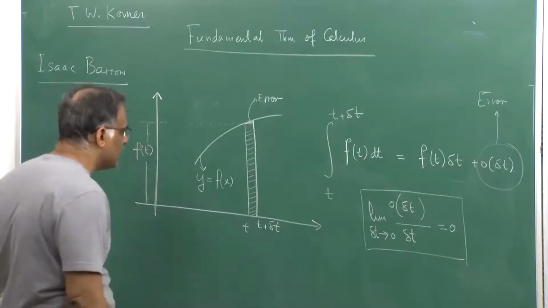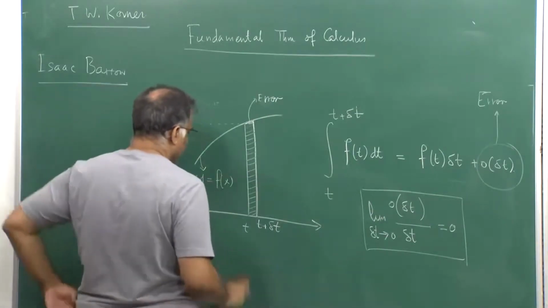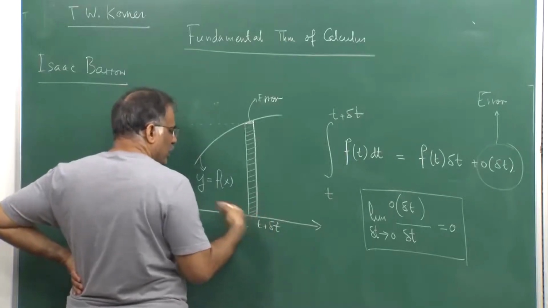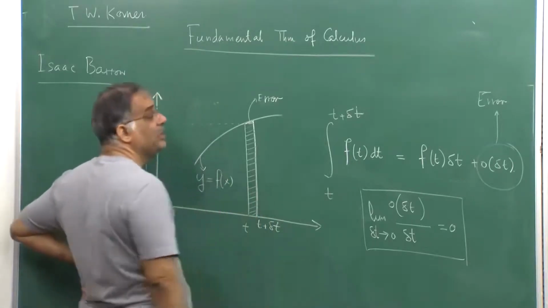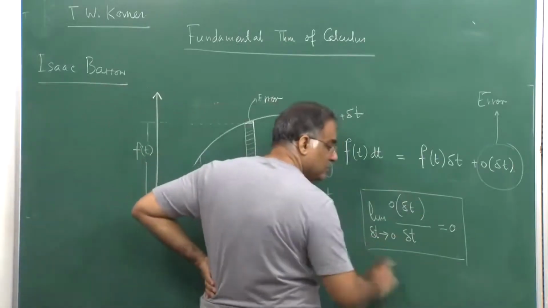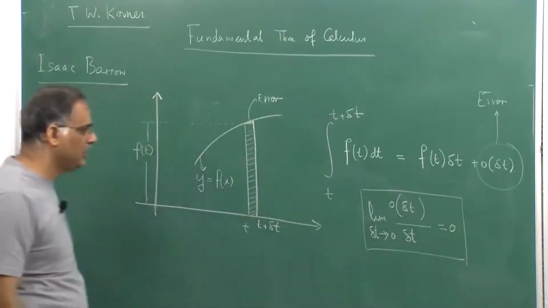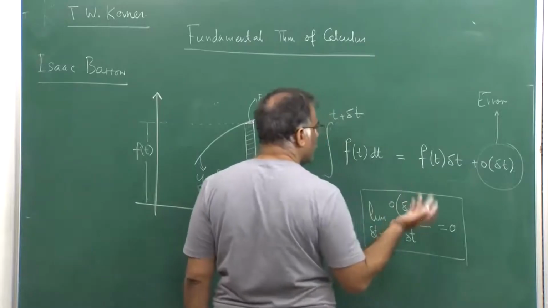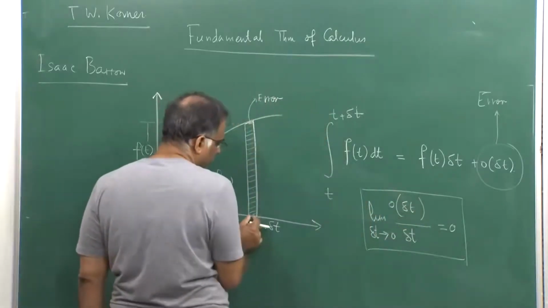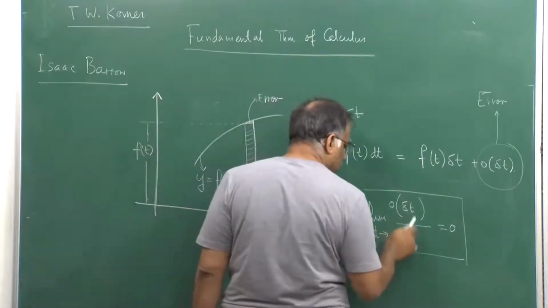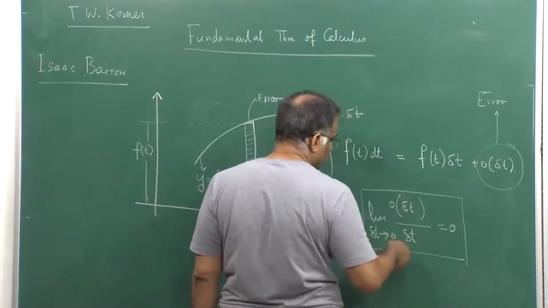Which means somehow this error should move to 0 much faster than delta t. This can be expressed by saying that this o(delta t) term, which is also a function of delta t because it depends on how near you are to t, goes to 0 faster than delta t, otherwise this would have gone to infinity.